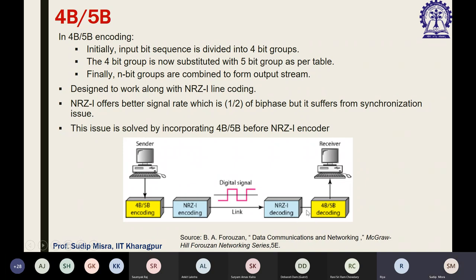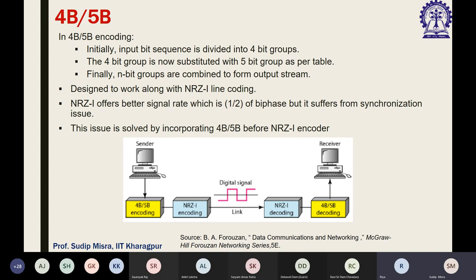This NRZ-I encoding and decoding will be done, and then it will be sent to the 4b 5b decoding block for the further decoding part. So at the gross level, this is how it works.